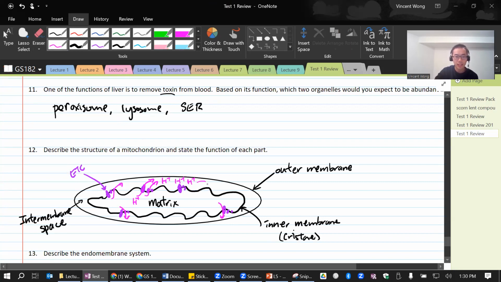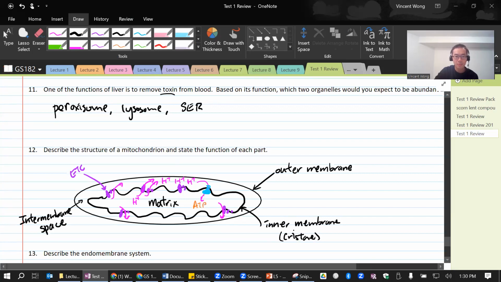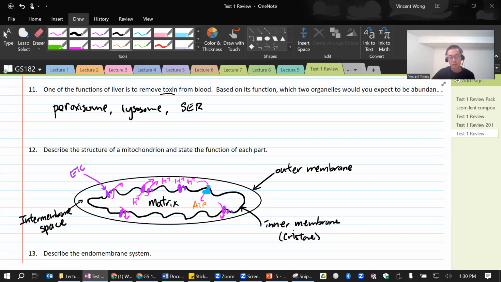And when they come back in through a special turbine, we make ATP. That's the oxidative phosphorylation. We create a dam, we let the H plus come back in through the turbine, and we generate ATP.